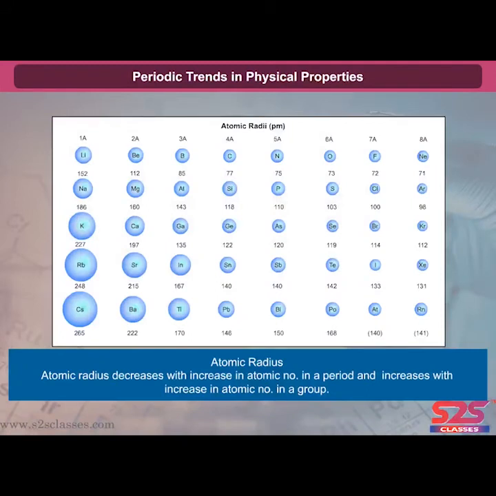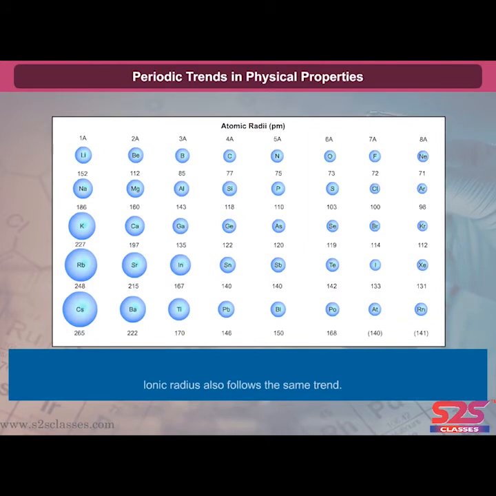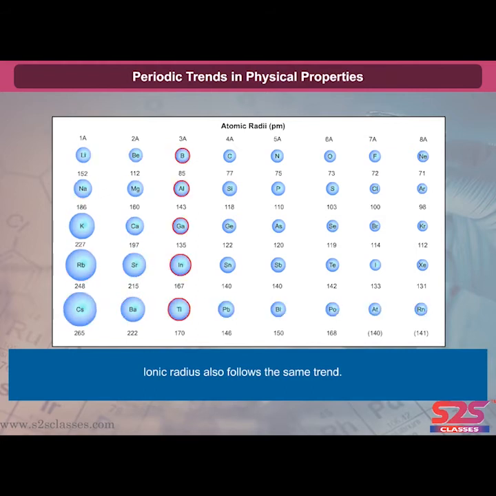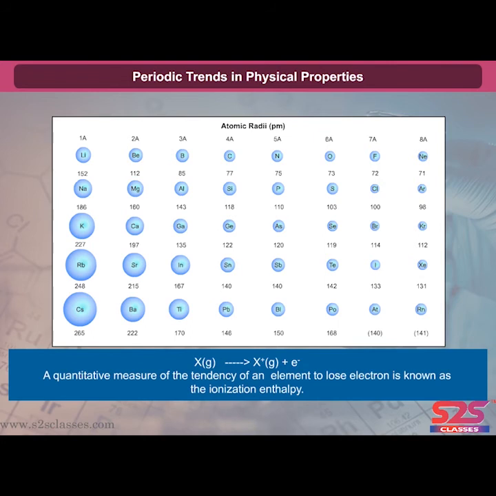Atomic radius decreases with increase in atomic number in a period and increases with increase in atomic number in a group. In general, ionic radius also follows the same trend. A quantitative measure of the tendency of an element to lose electron is known as the ionization enthalpy.